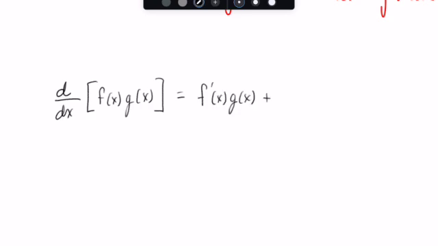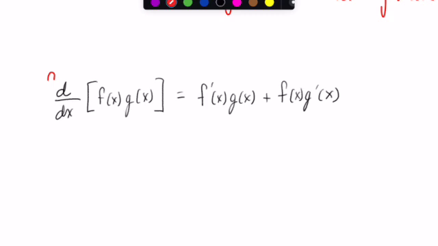That is f prime of x, g of x, plus f of x, g prime of x. Right? And then if we were to say, oh, well, let's anti-derive this. Well, we know what the second fundamental theorem of calculus would tell us about it. So we'll do this, and we'll do this.